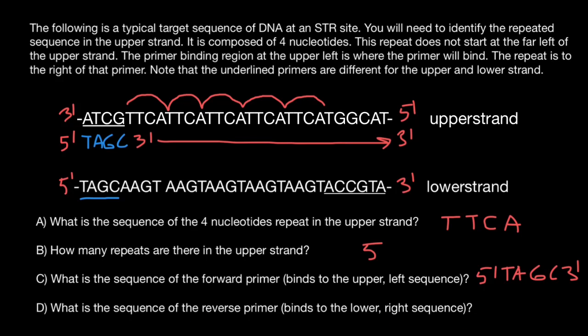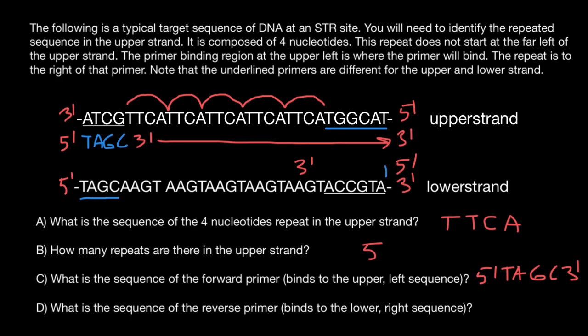This is question D. This is the primer binding site, and as you already know, a new strand of DNA grows from the 5' end to the 3' end. So we have the 5' end here, the 3' end here for our primer, and the sequence is going to be the same as we see here, because these two strands are complementary. So let me underline it. Now check it out.